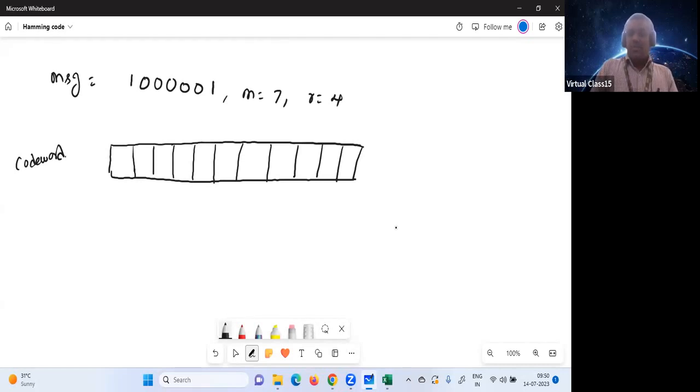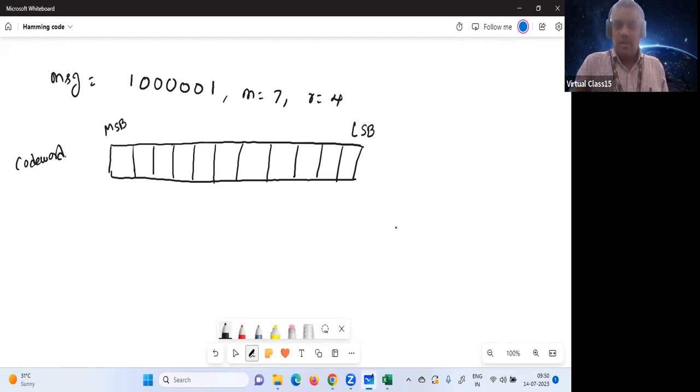The first step in the Hamming code computation is to give the position numbers 1, 2, 3, 4, starting from 1. Always start from the least significant bit. This is your LSB, least significant bit, and this is your MSB.